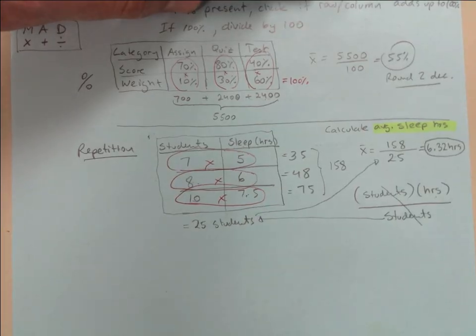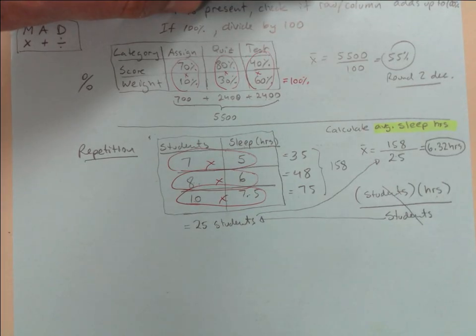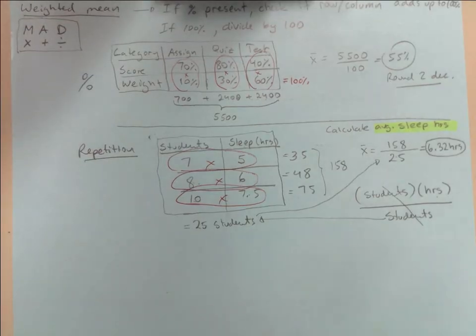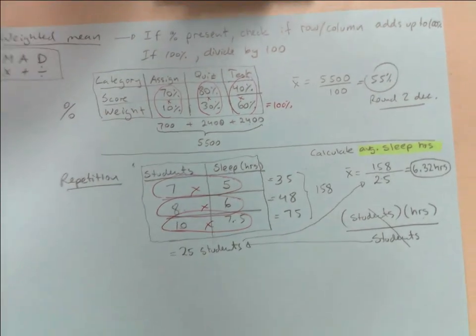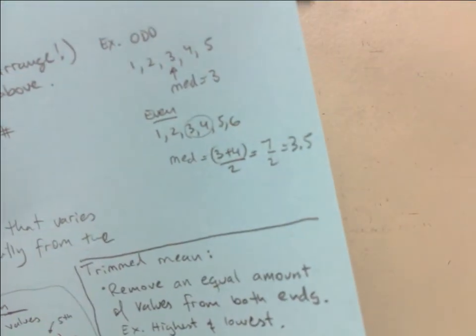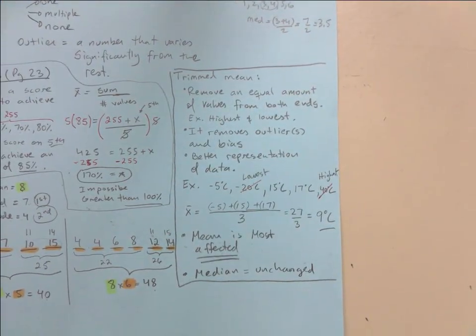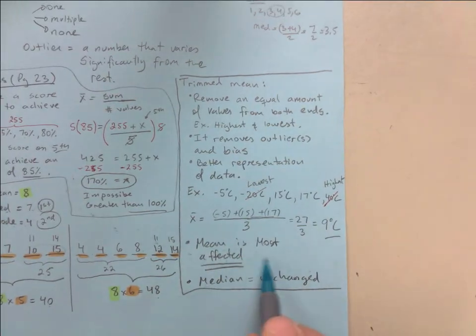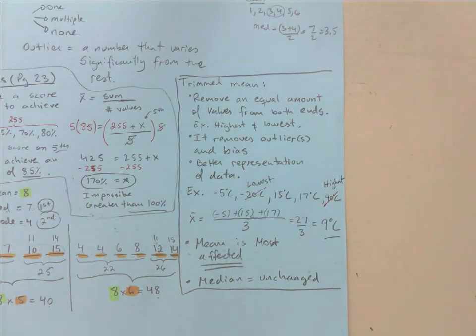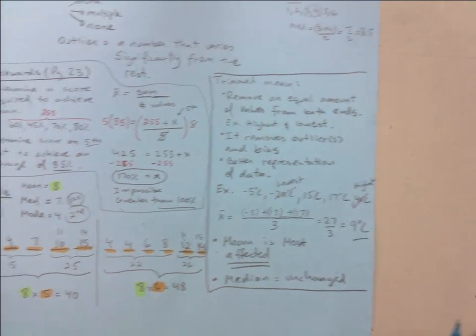Is this all I wanted in here? I talked about trimmed mean, right? On the study sheet. Let me just check. Yes, I have a trimmed mean section right there. Mean is the most affected by trimming because you're getting rid of outliers.